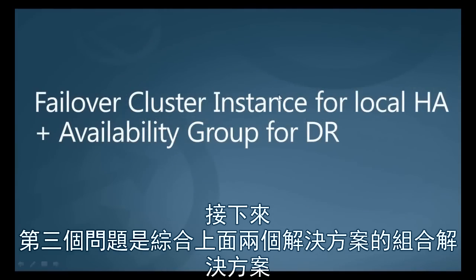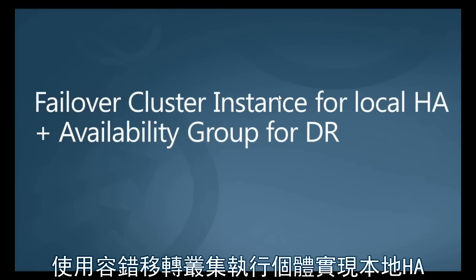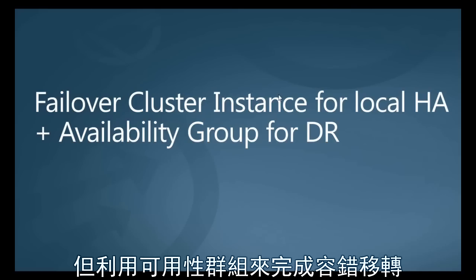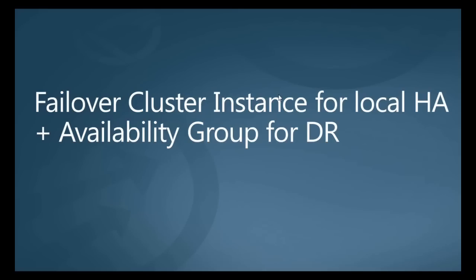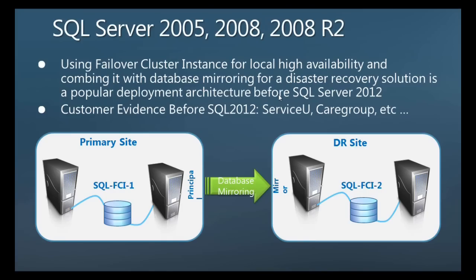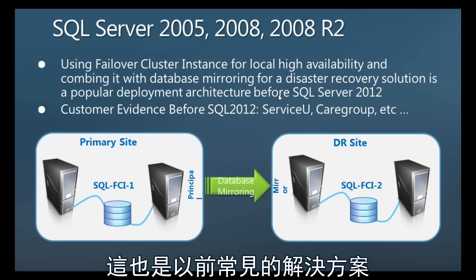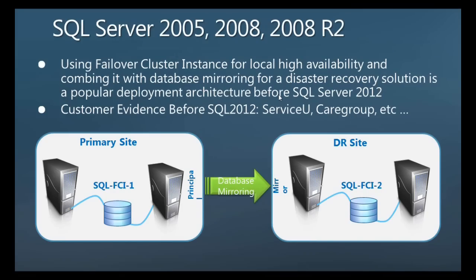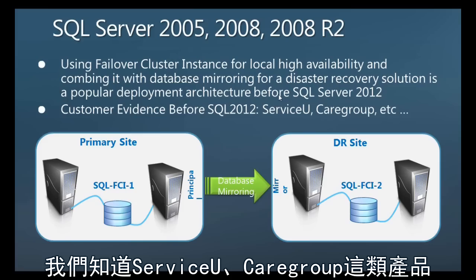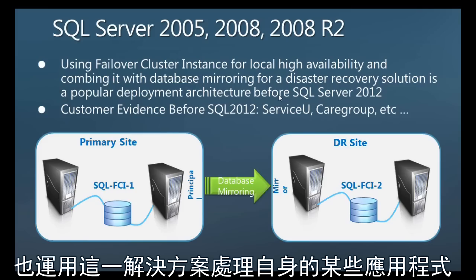The third thing I'm going to talk about is the combination solution of number 1 and number 2. You use failover cluster instance for your local HA, but you use availability group for your disaster recovery. This is also a common solution before. We know some customers use this solution for some of their applications as well.